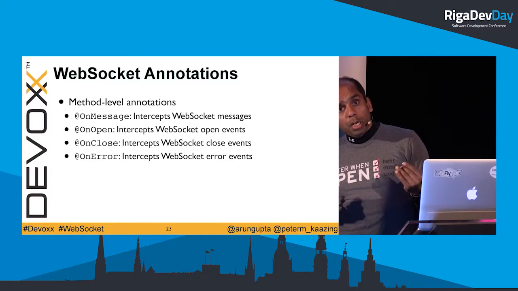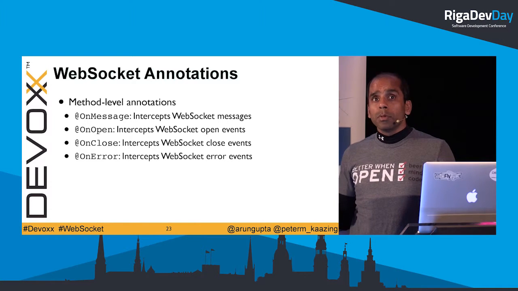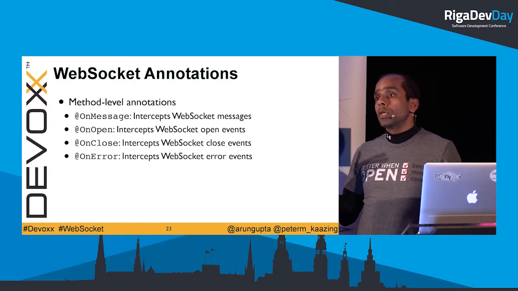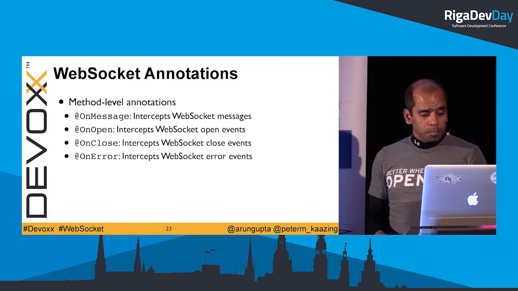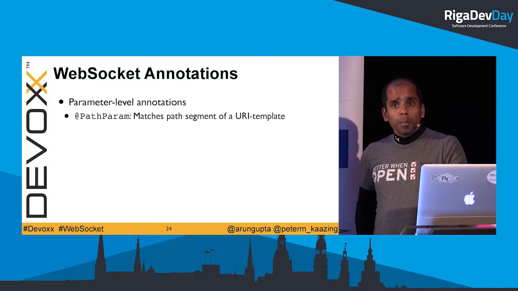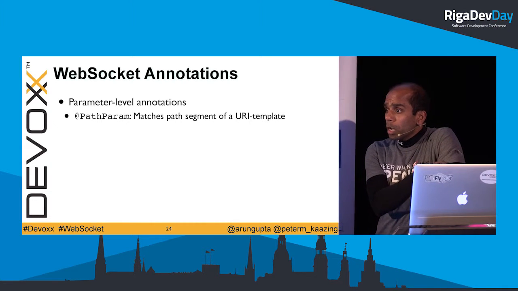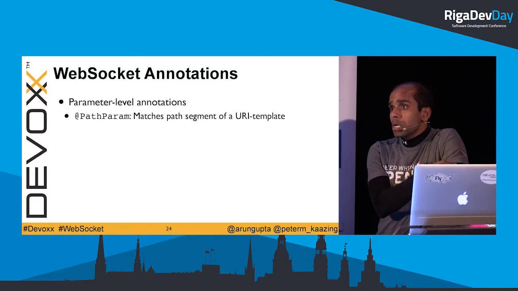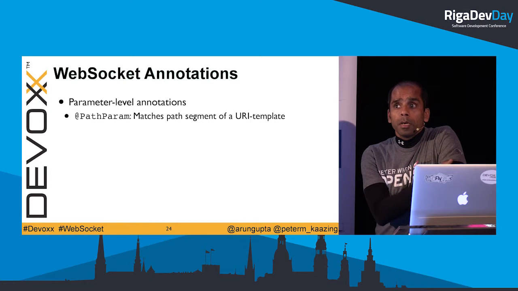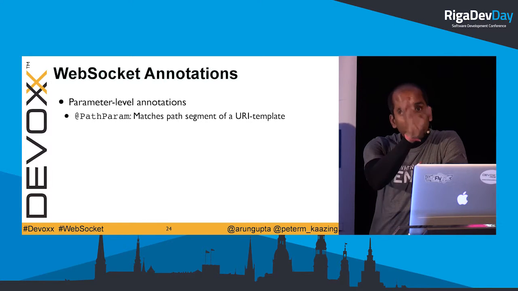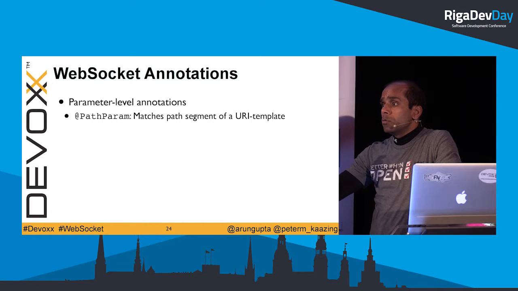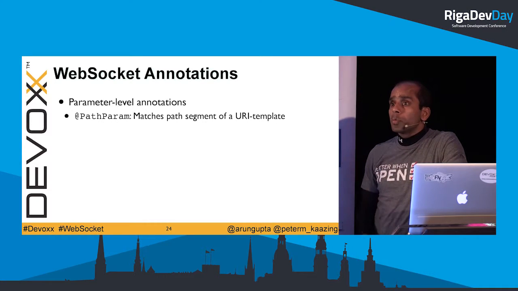These are intentionally, by design, kept very similar to the ones in JavaScript, so that you can at least mimic the code. To each method, you can also specify a variable part of the URI. Just like a REST endpoint, you have a variable template here, and you can get that template and map it to a method parameter, and that's what you use @PathParam for.